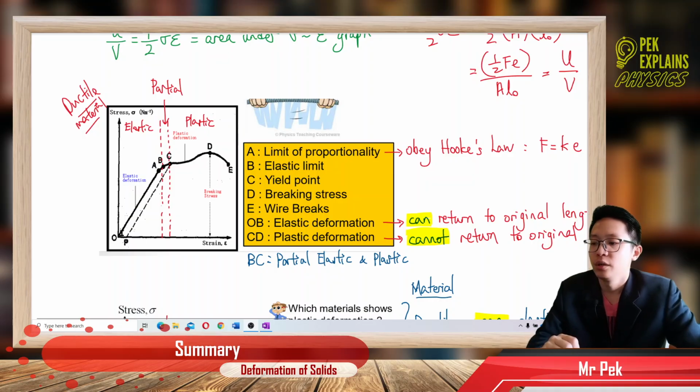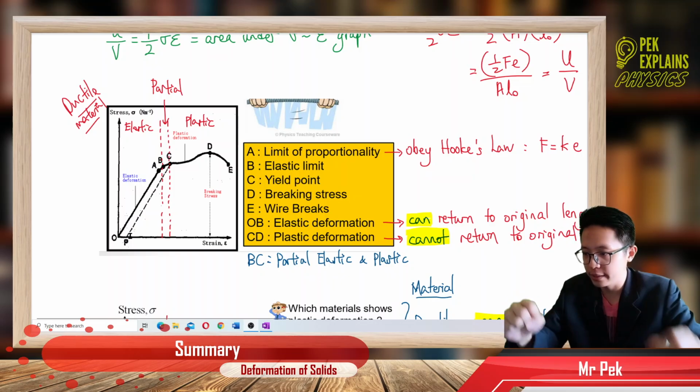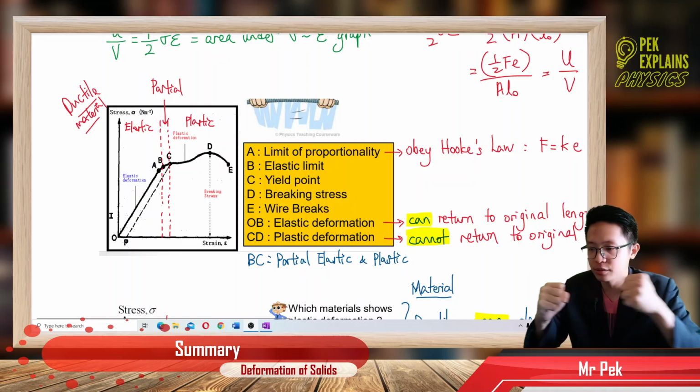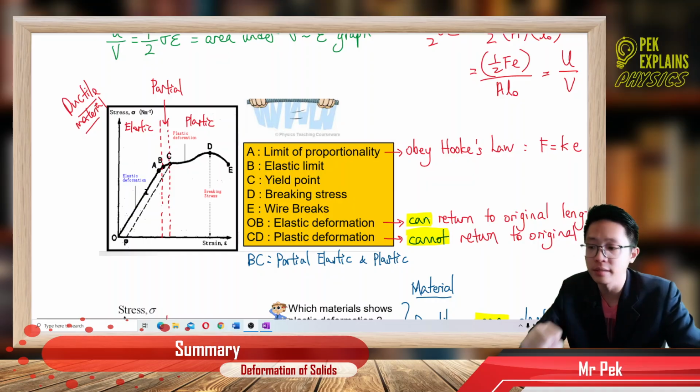That means if you pull the wire, you apply stress to the metal wire, and the stress increases, until the elastic limit the wire still undergoes elastic deformation.